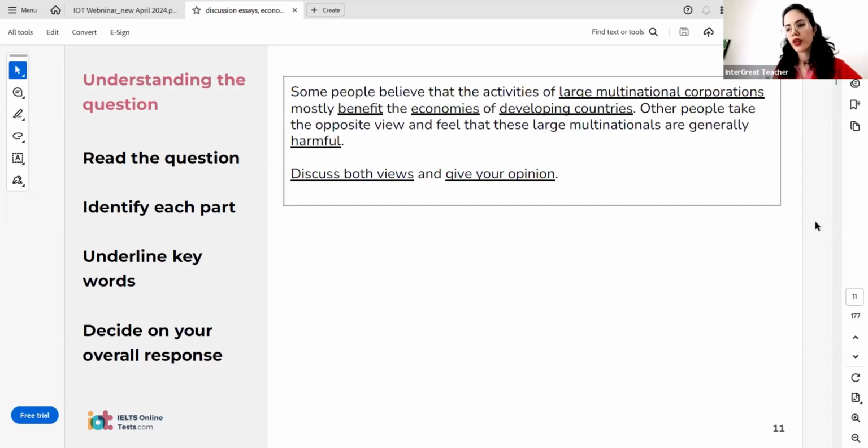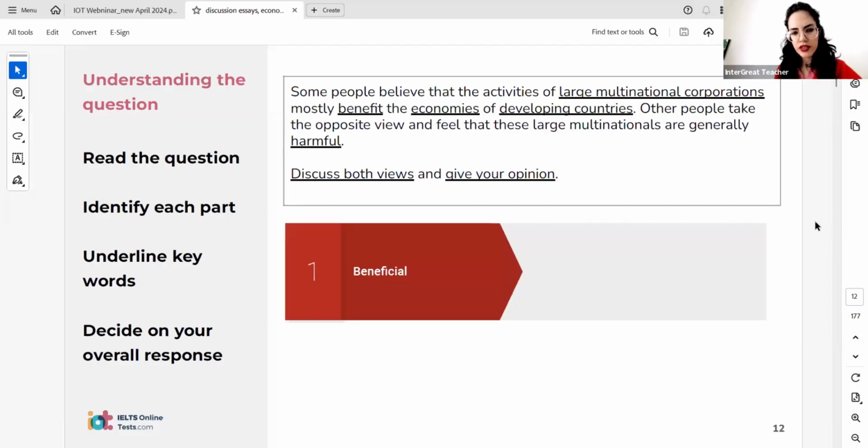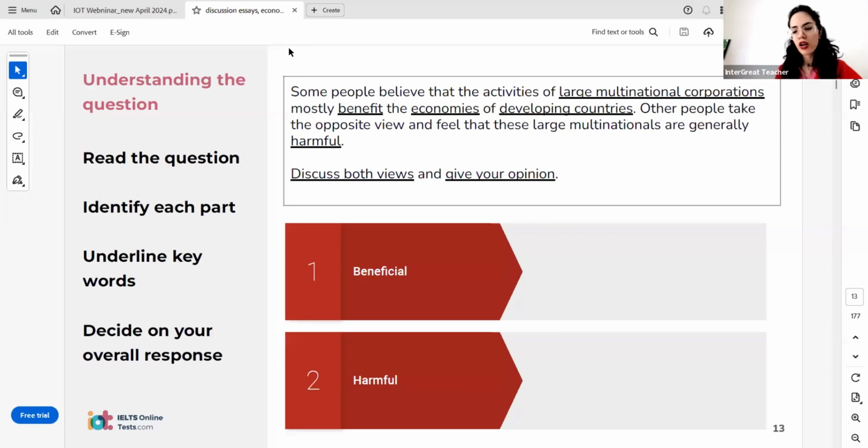All right, so we've read the question, we've underlined the keywords. Now we need to decide on our overall response. So what am I going to say? First, I'm going to put myself in the shoes of the people who go with the first idea and write my plan, or later my essay, from their perspective. So why would they say that large multinational corporations are beneficial, and why harmful?